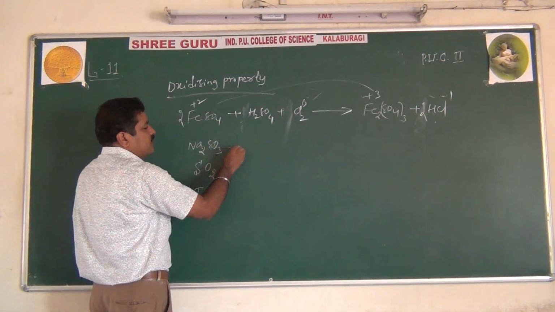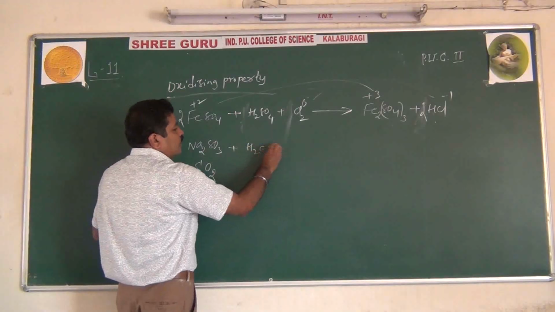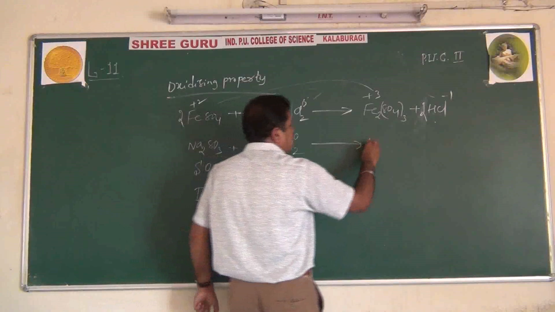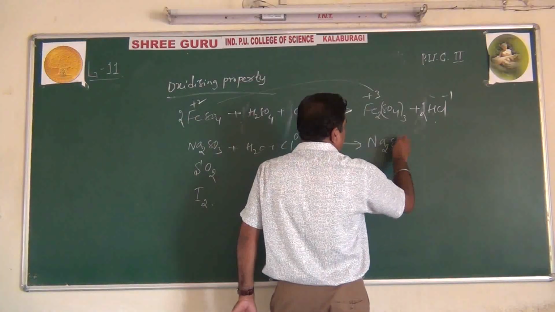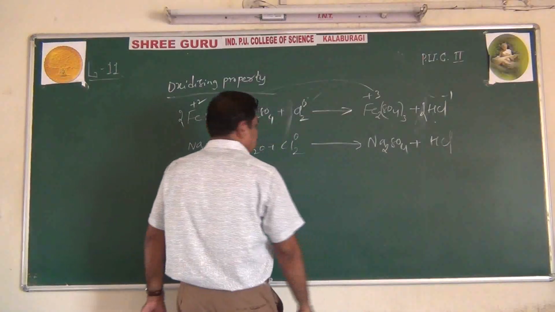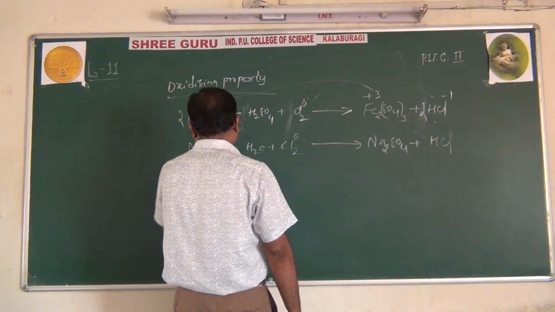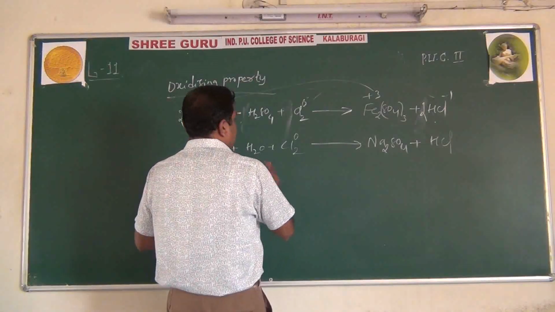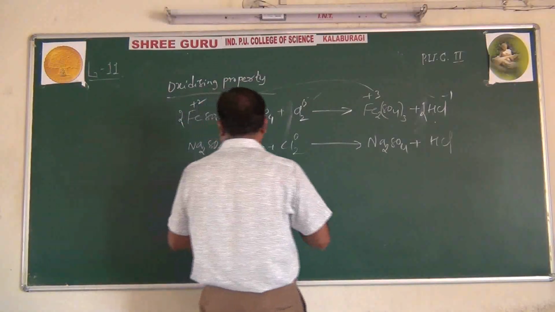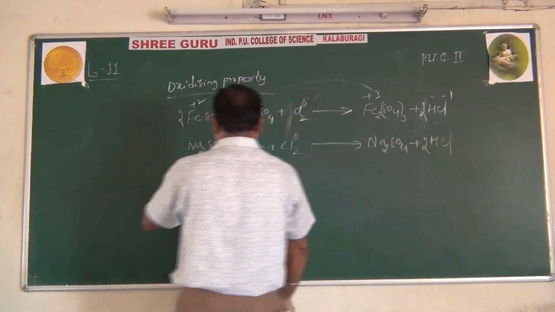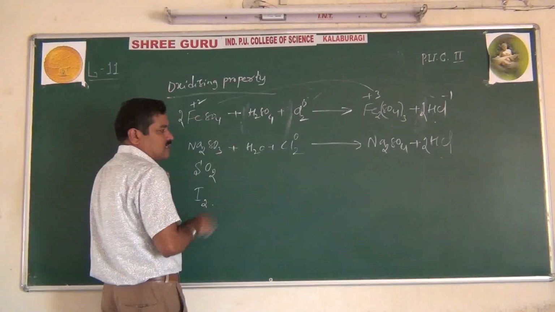But sodium sulfide in neutral medium, with Cl2, gets oxidized to sodium sulfate, Na2SO4, and the reduced product is HCl. Here also sodium sulfide is there, and water. Chlorine goes to HCl, 2HCl, and everything is balanced.